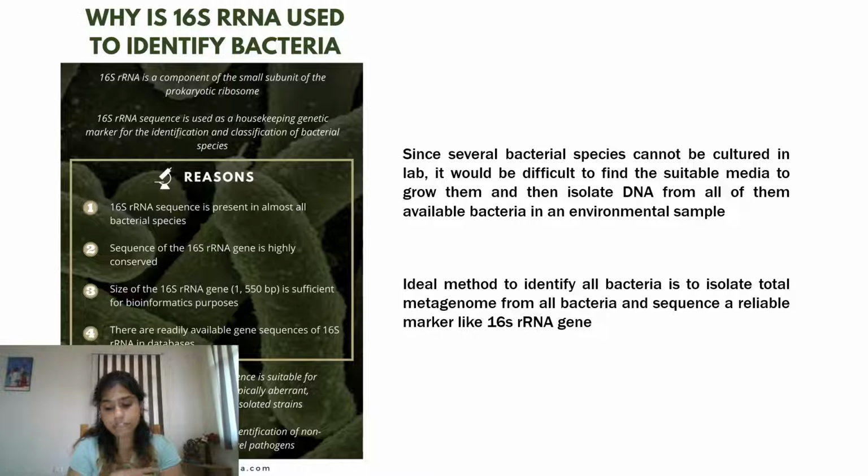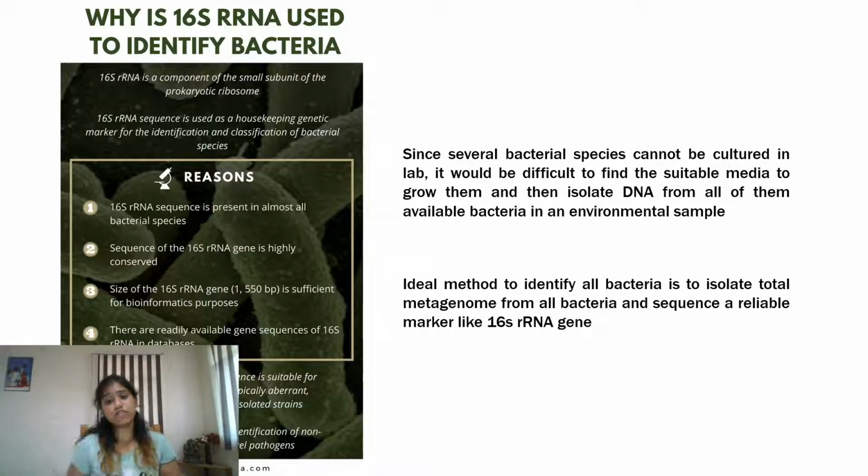So, in such conditions where we do not know how to culture a lot of microbes, what do we do? How do we actually understand what is out there, understand their diversity? How do we classify them, and so on?